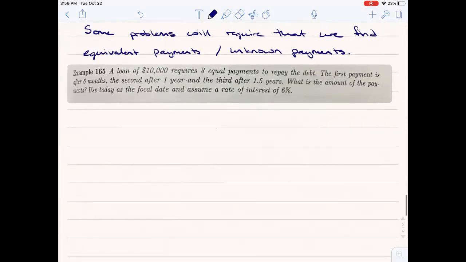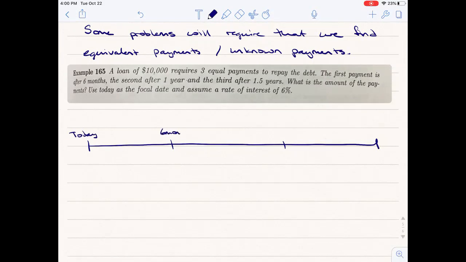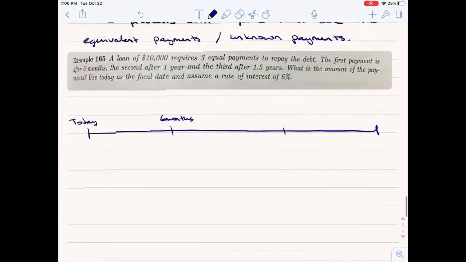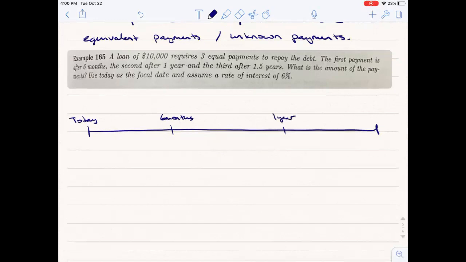So I'm going to start here and draw 4 ticks. I'm going to put the dates up above: today, then 6 months from today, 1 year from today, and 1.5 years from today.